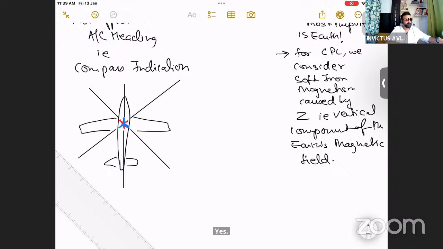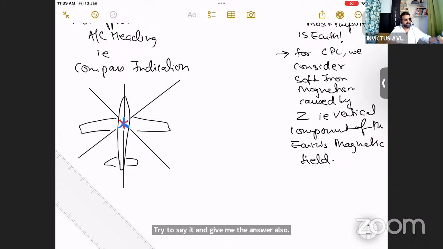Okay. Chaitanya, do you remember the question? Sir, the question was, it is true or false that the magnetic dip increases with the latitude? Guess. Muskan, please, do you remember the question? Yes or no? Try to say it and give me the answer also.